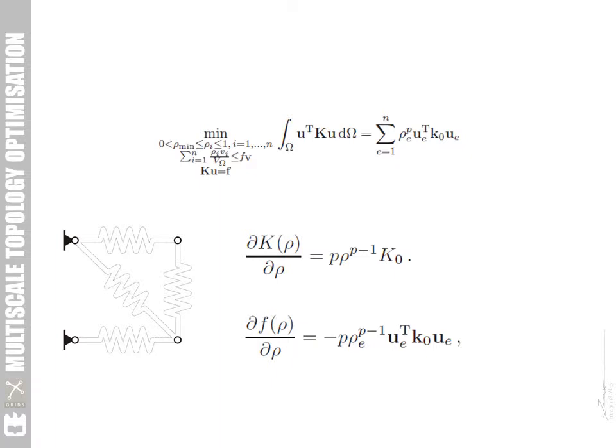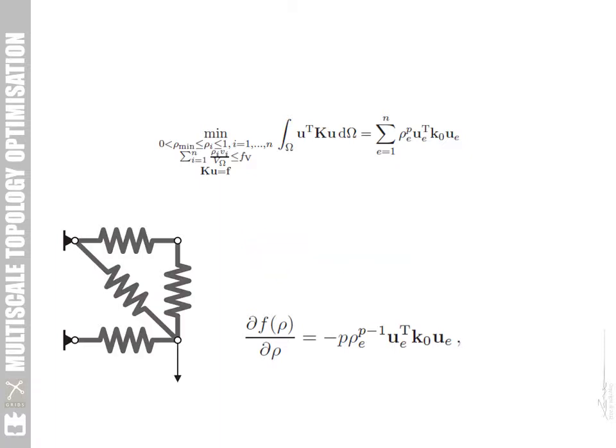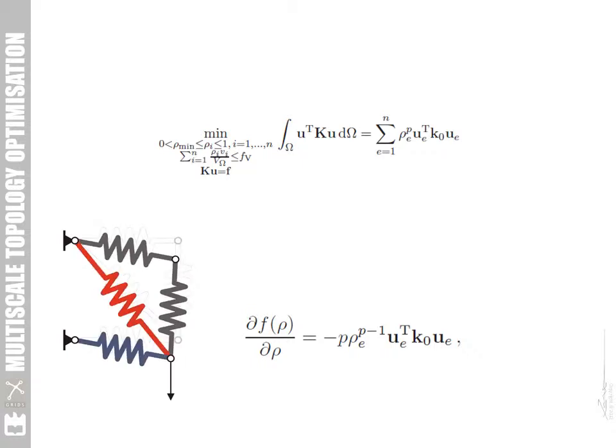Basically, what controls the process are the derivatives. If we take the derivative of the stiffness or the derivative of the objective function, we get the equations that we show here. How does it happen? If we have an initial distribution, as we can see in the example with the springs, we test it, and we can see that there are two springs which basically don't deform, they just move, and the other ones deform.